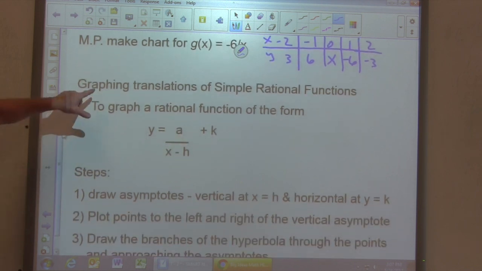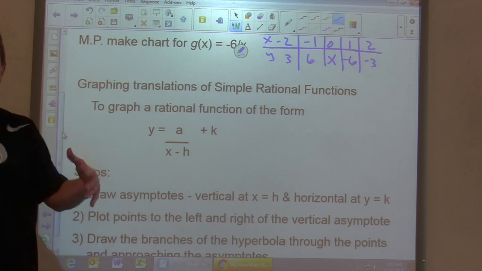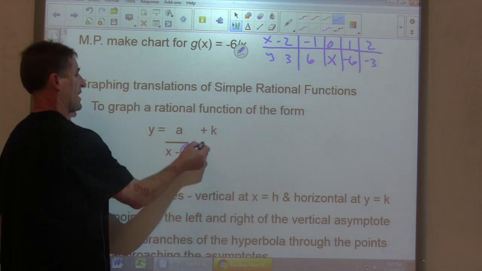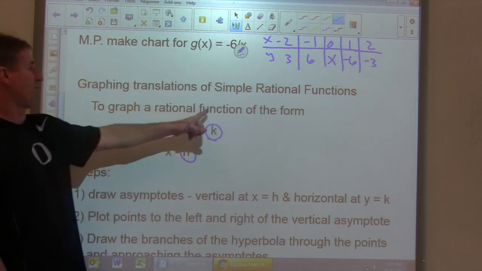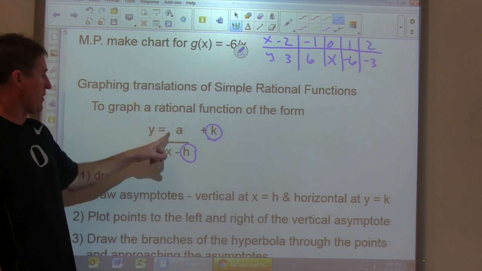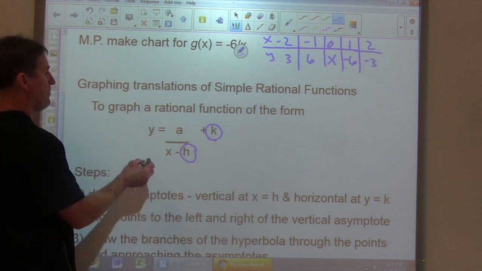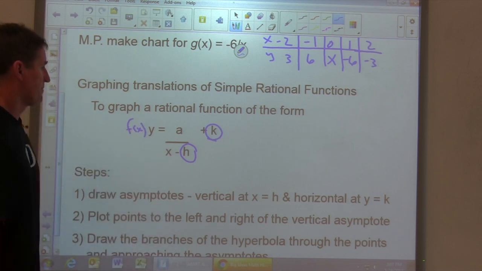So now we're going to be graphing translations of simple rational functions. And so remember, we've done transformations a lot. All we're going to be looking at today is the h and the k. So it says to graph a rational function of the form y equals a divided by x minus h, plus k. Remember, this could be f of x or g of x or whatever it is.